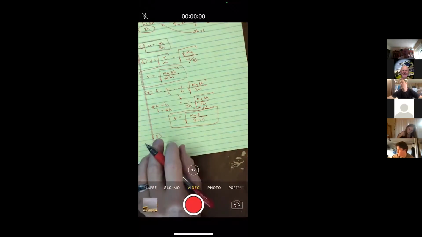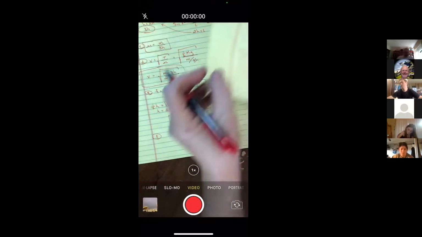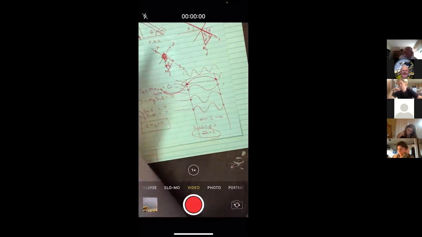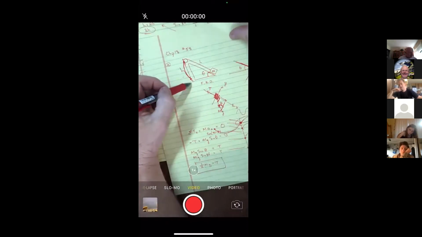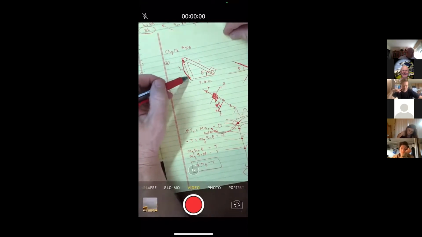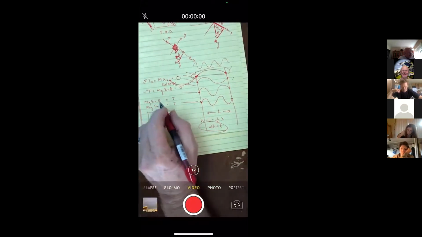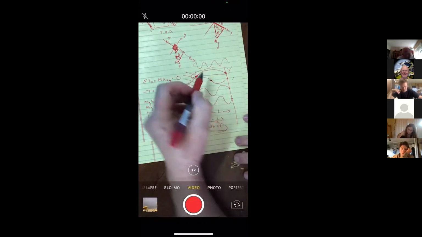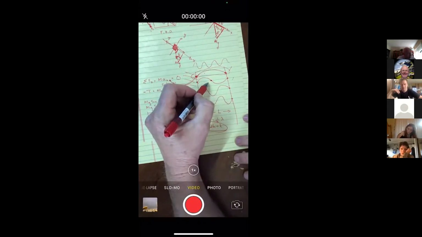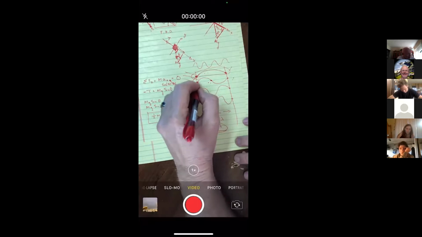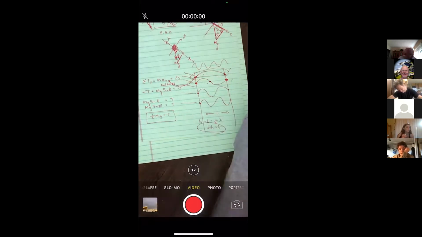Now, I'm glad you asked me to draw that picture, because as I look at the different patterns that can happen on this vertical section, I just did the fundamental one because that's what they asked. But the one that would have 3 nodes would be the first overtone. That's the second harmonic, the one that looked like this, one that has 2 humps in it. Because the 2 nodes would be where the string is tied.